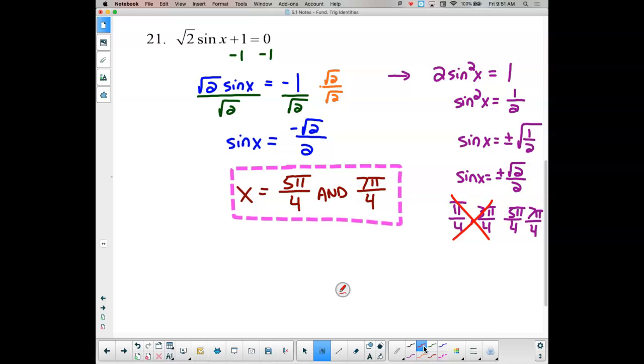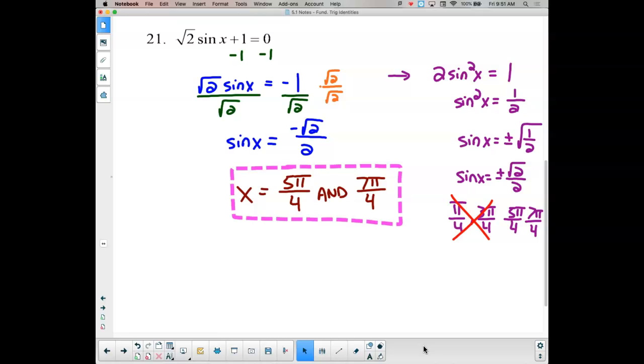Because if I put those 2 in there, I would have gotten 1 plus 1 is 0. The other 2 that are left, I get negative 1 plus 1 equals 0. Okay? Good?